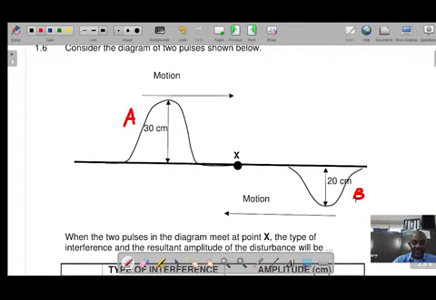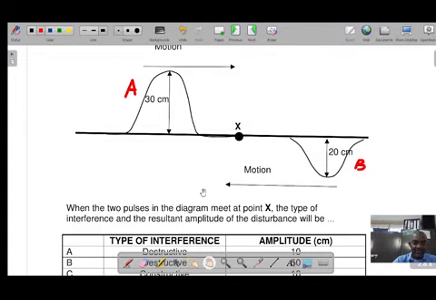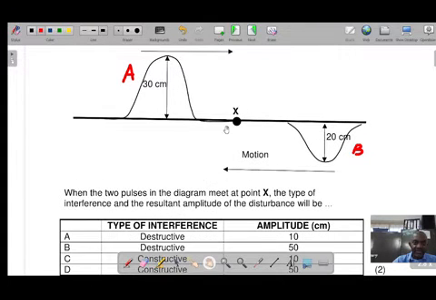So if the two pulses meet at point X, the type of interference and the resultant amplitude of the disturbance will be, that's what they want us to find here. You see this pulse A is moving to the right, and pulse B is moving to the left. So they both meet at point X.